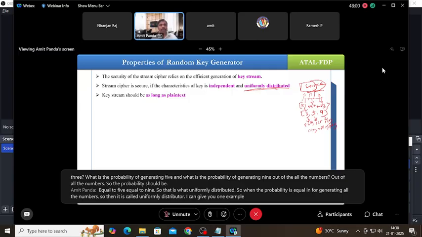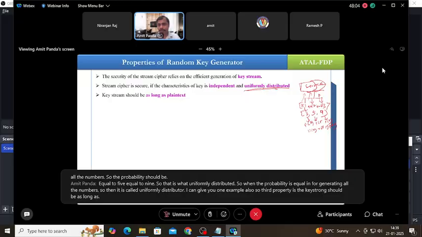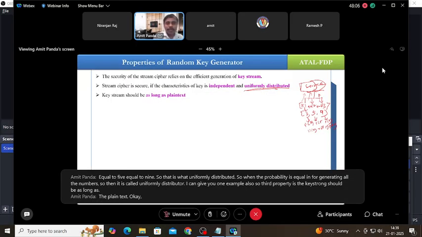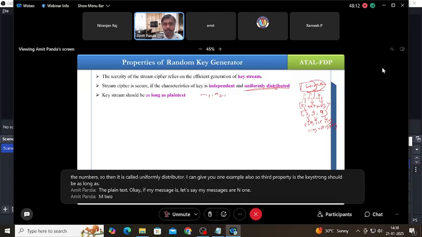The third property is that the key stream should be as long as the plain text. If my messages are M1, M2, M3, up to Mn, then my key should also be K1, K2, K3, up to Kn plus 1.